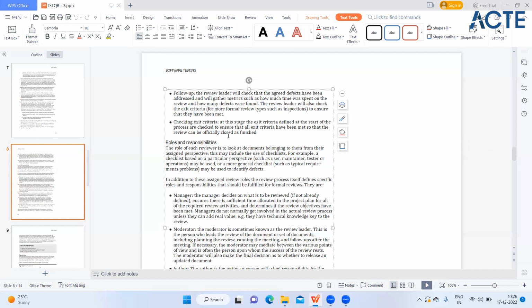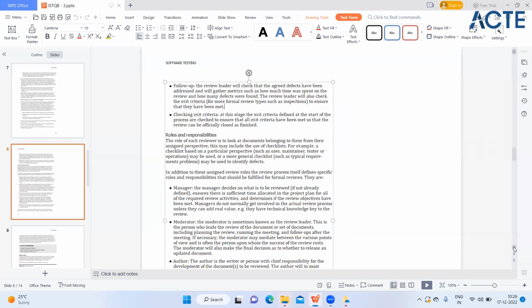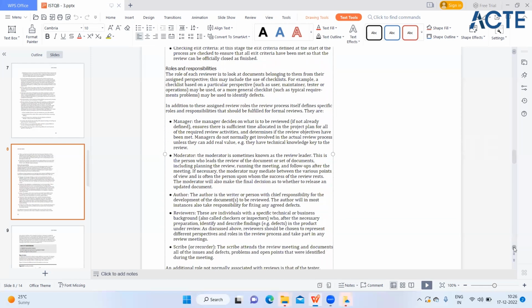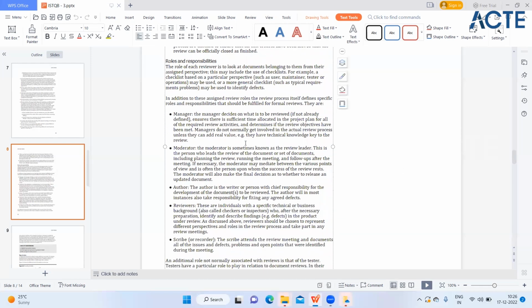Now the question which you asked, Swati: what are the roles and responsibilities in this review meeting? These are the particular roles: manager, moderator, author, reviewers, and scribe.